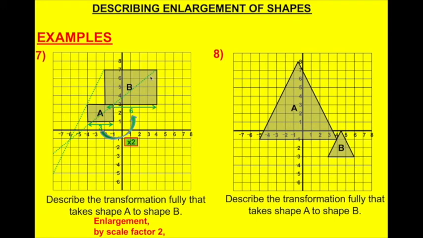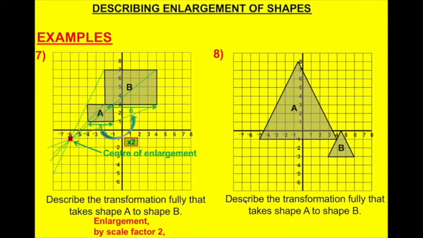Similarly, that point there and that point there, you connect by drawing a line. The intersection gives you the center of enlargement. In this case it is the point (-6, -1). So you need the scale factor, and you also need the center of enlargement.